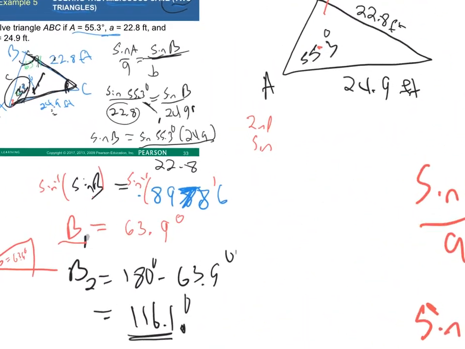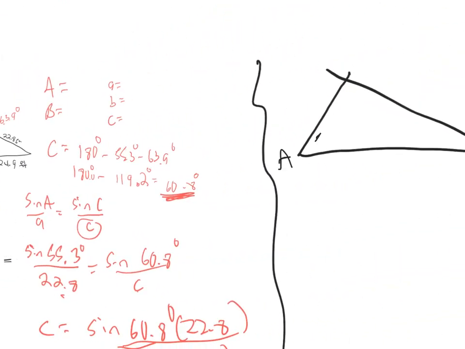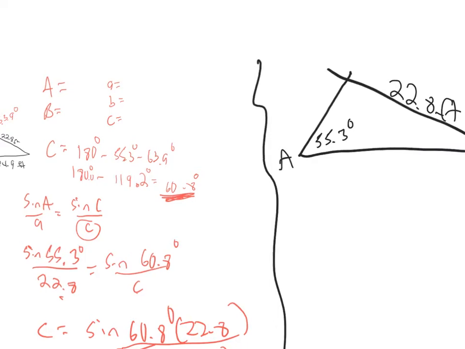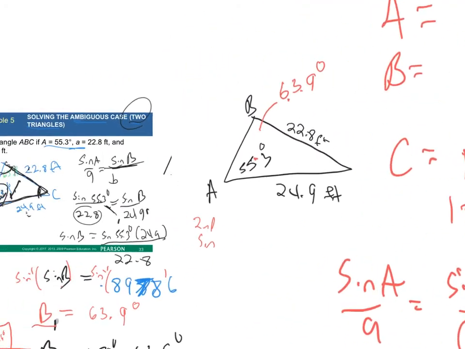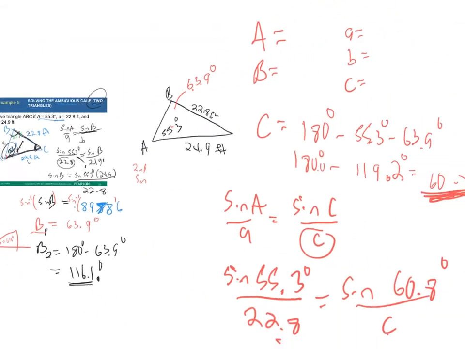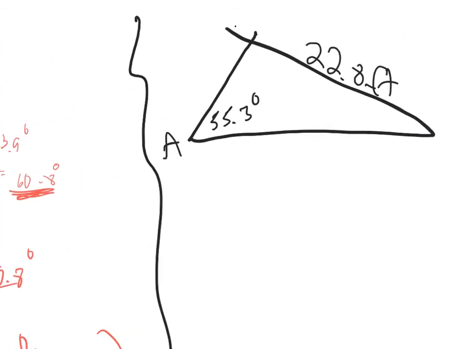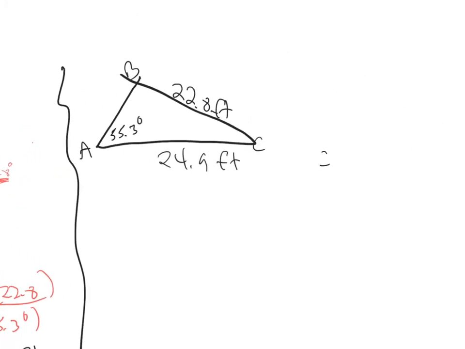We were given angle A was 55.3, side A is 22.8 feet, and the third thing given to me was side B was 24.9 feet. So again, we had angle A.